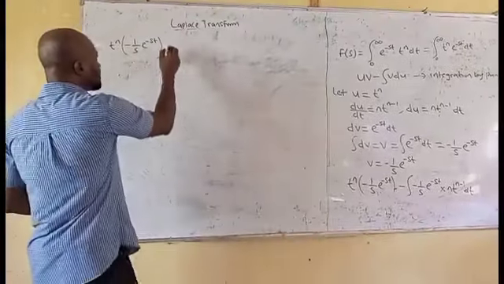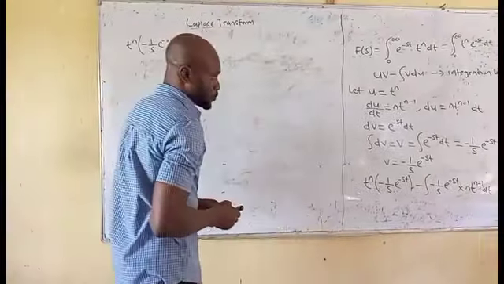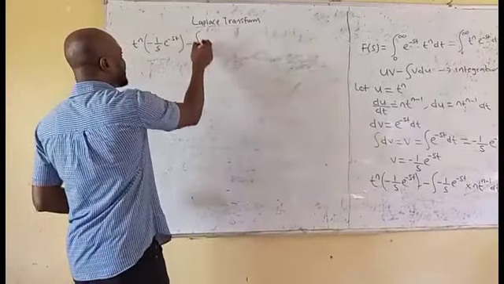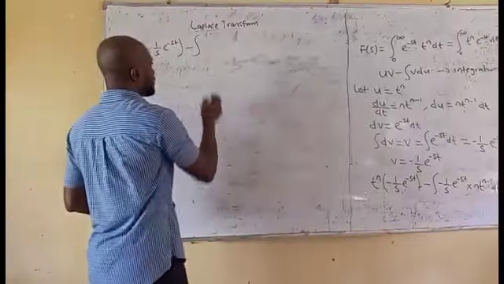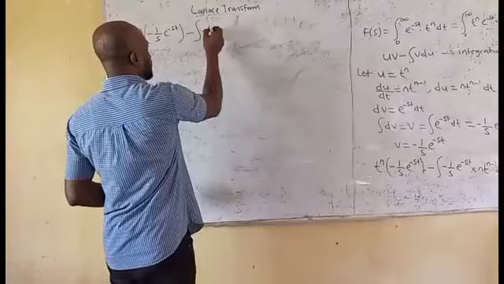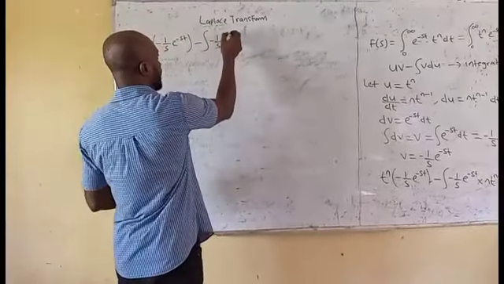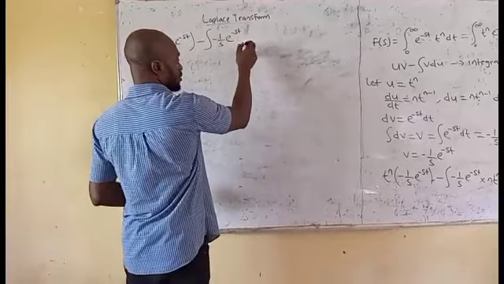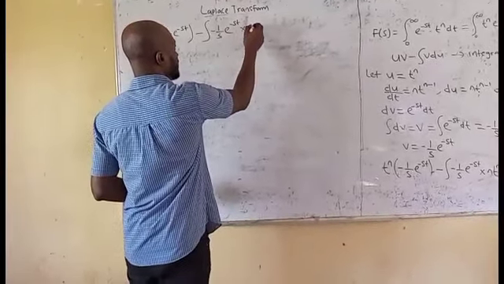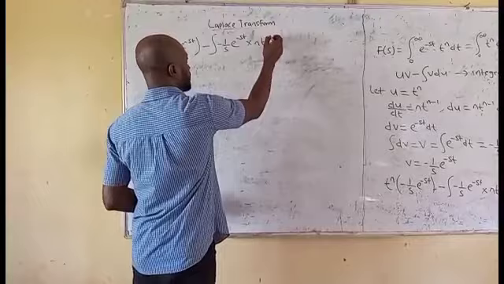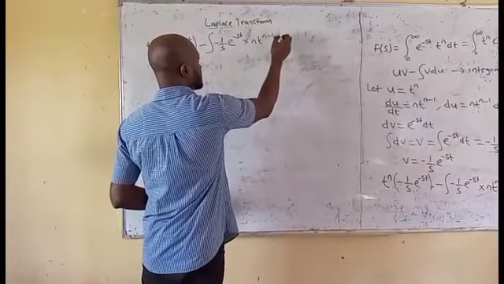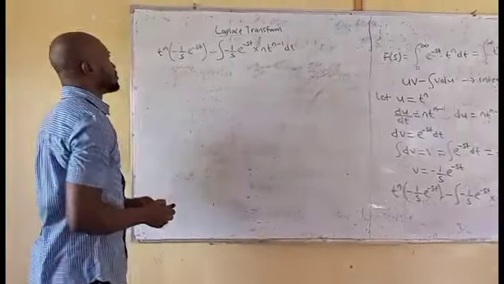Now, this is minus. I have minus integral form of minus 1 over s, then multiply by the exponential minus st times n times t raised to the power of n minus 1 times dt.